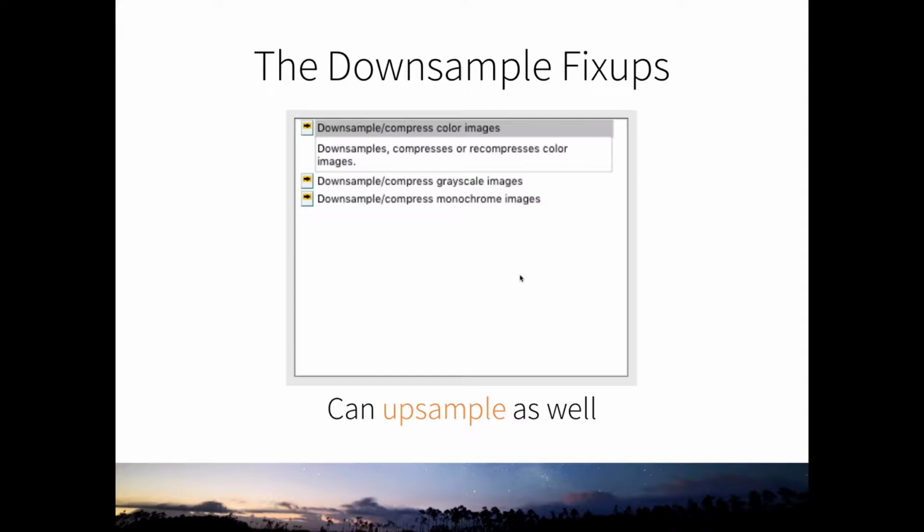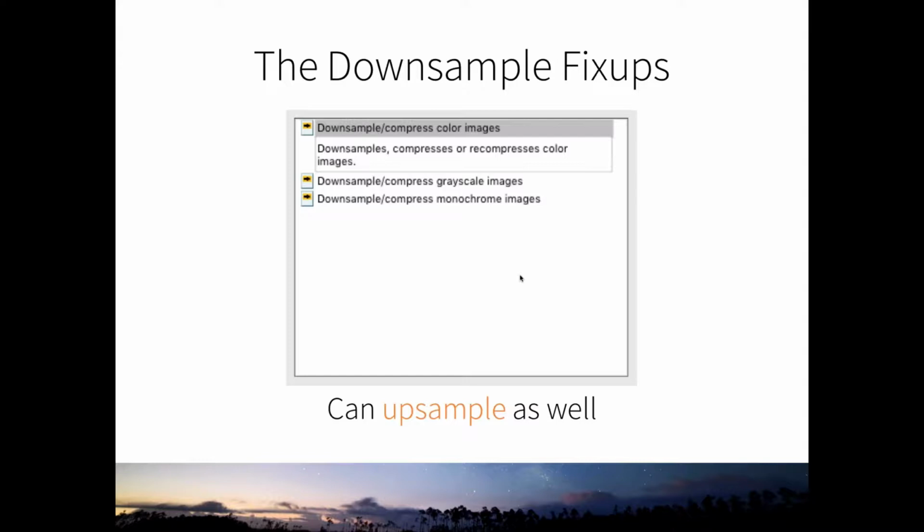Now, if you had a look inside pdfToolbox, and maybe at some point you searched for this kind of functionality, you will notice that there isn't an upsample fixup. There are, however, downsample fixups. These downsample fixups can actually upsample as well, because what they really do is they resample your image.